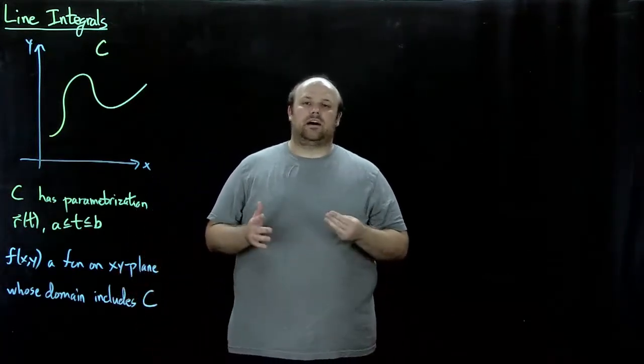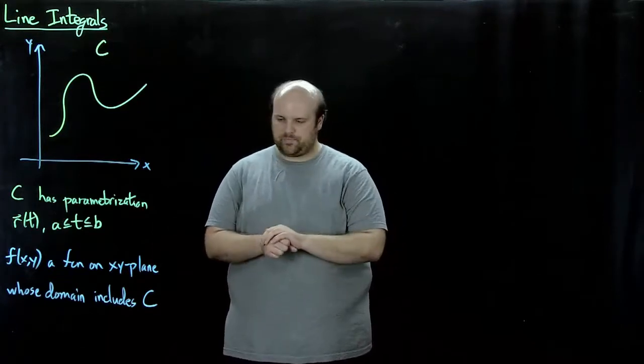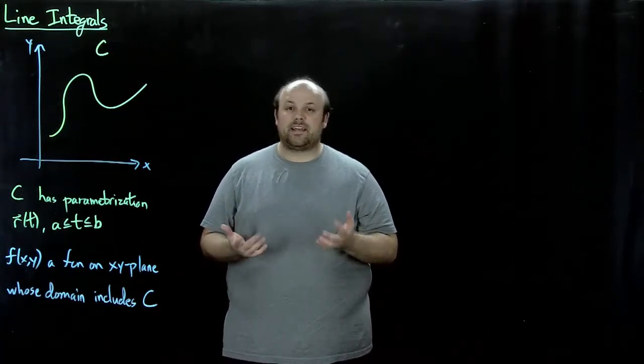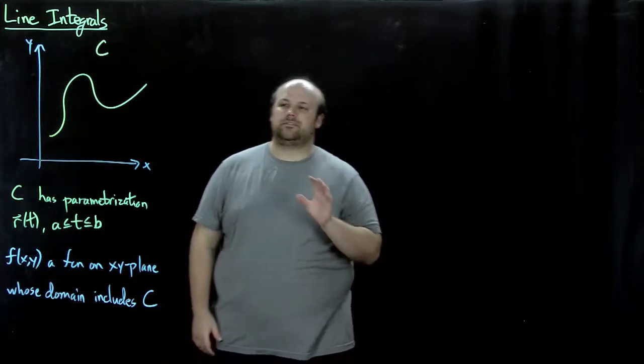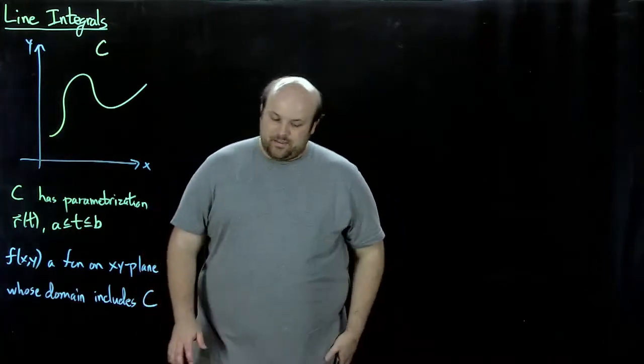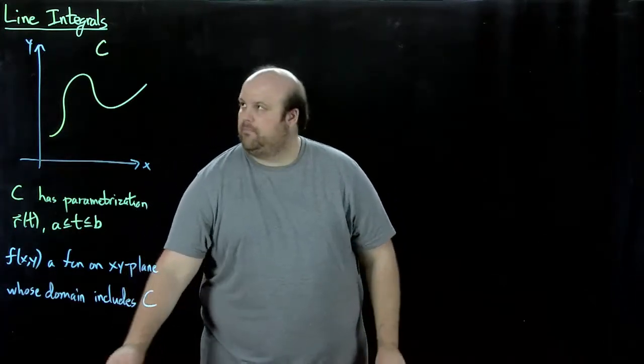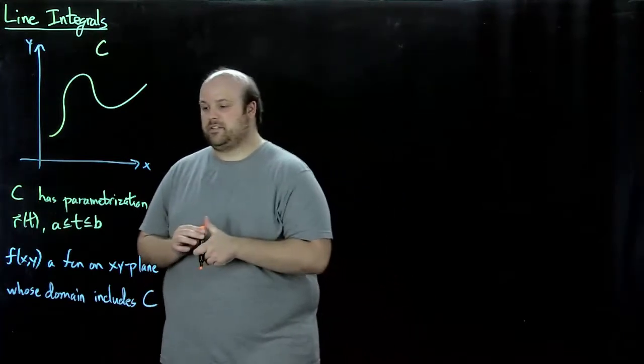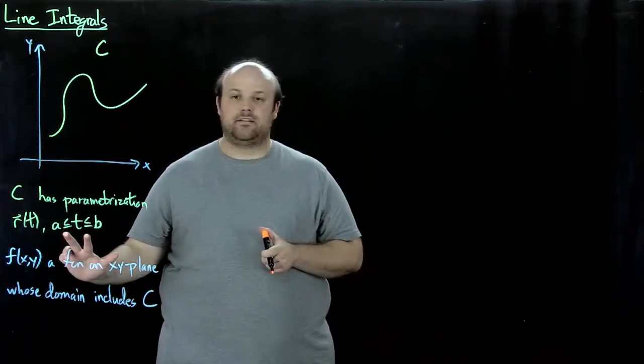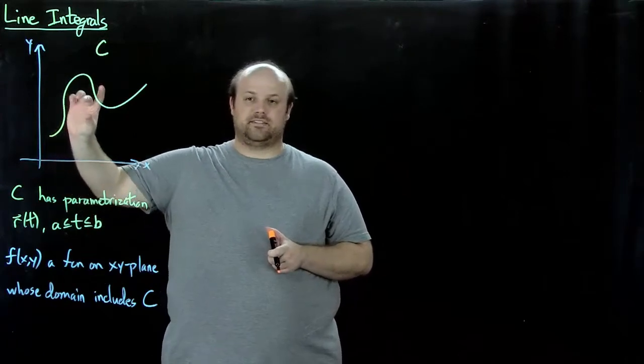And so you can ask, well, how do we do such a thing? Well, just as when we're defining any kind of integral, we really need to get down and do a Riemann sum, right? So how do we do that? The first thing we have to do is subdivide the curve into really small pieces.